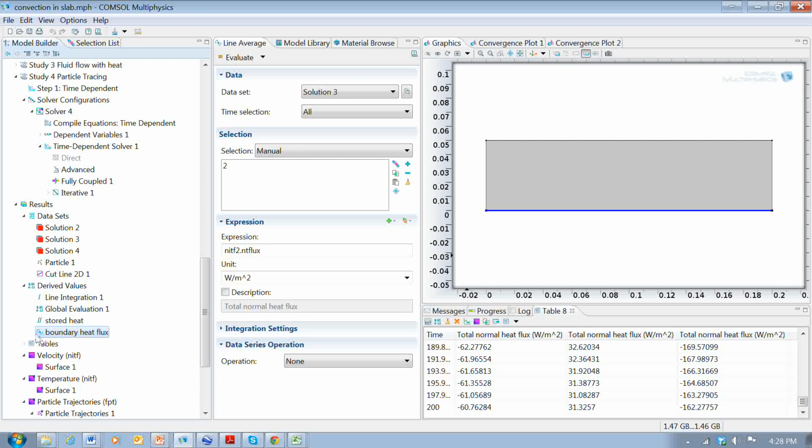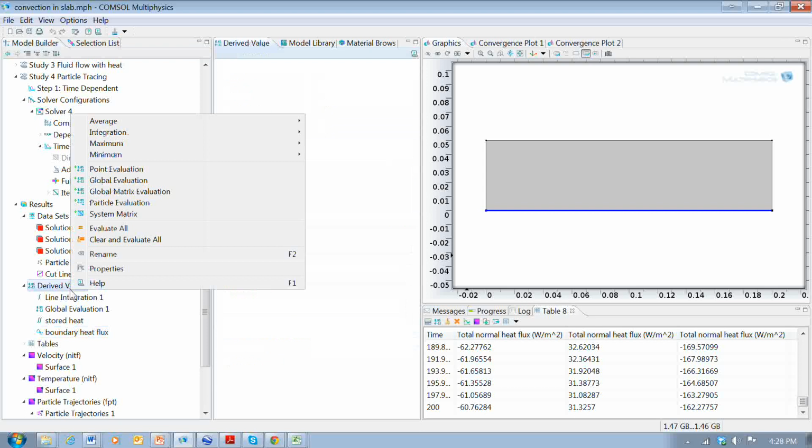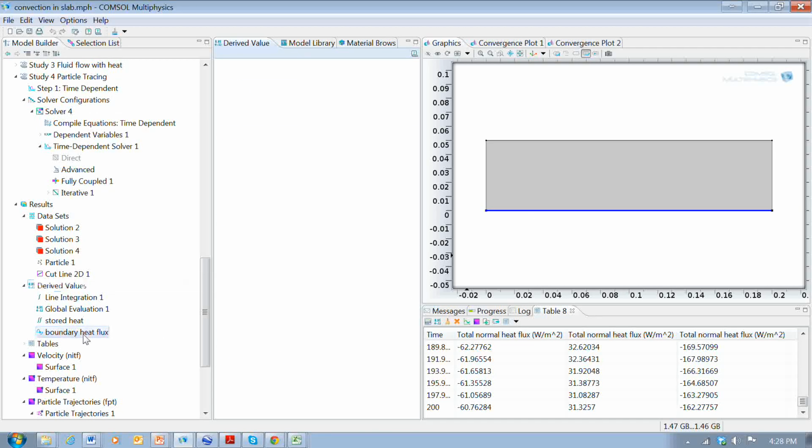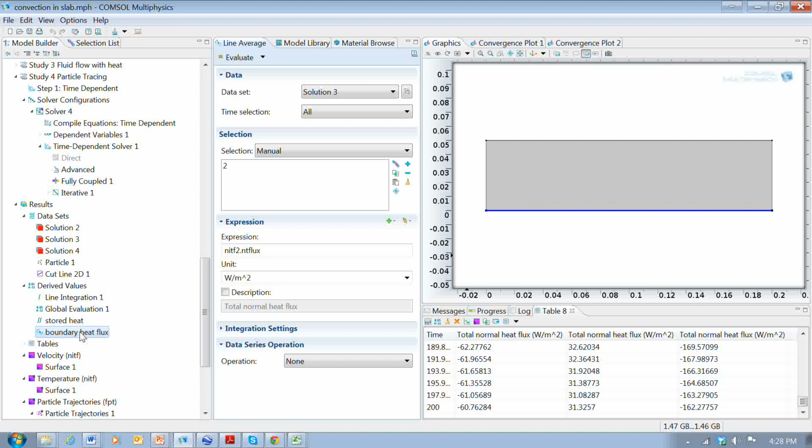And so I used this function here to calculate the boundary heat flux. And so what that is, is an integration along the line that is the upper or lower boundary. And so I put that in and then selected the lower boundary and the upper boundary and calculated the heat flux.